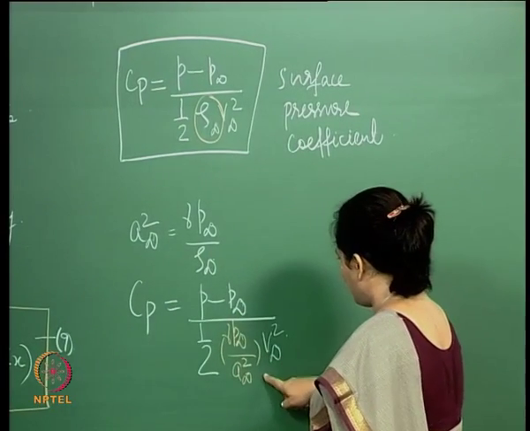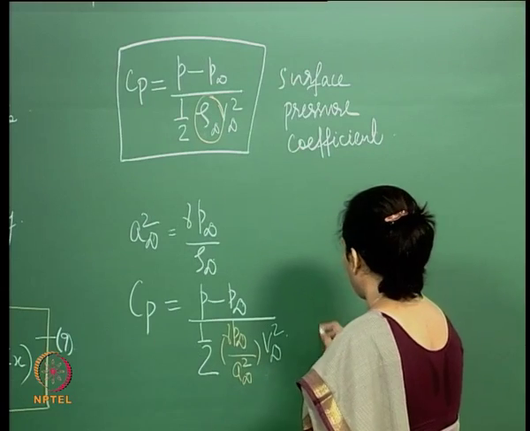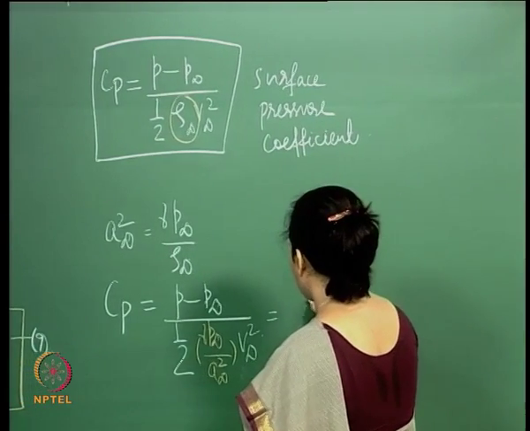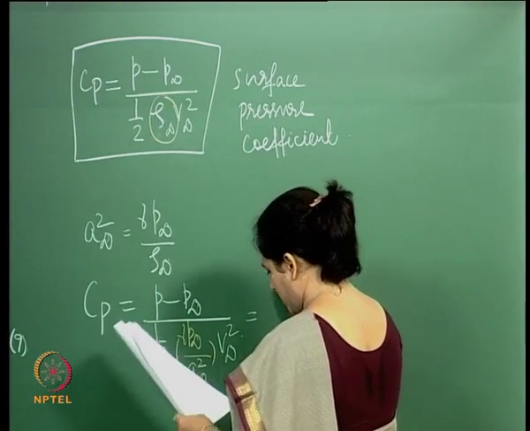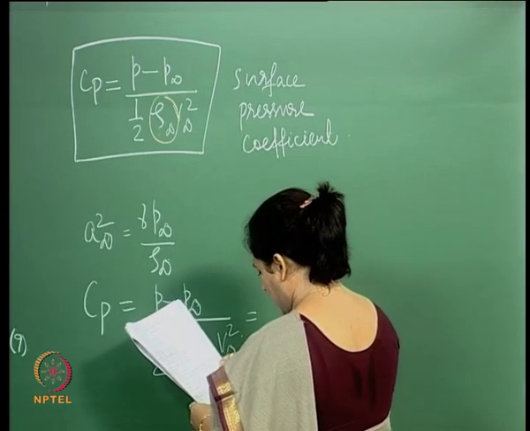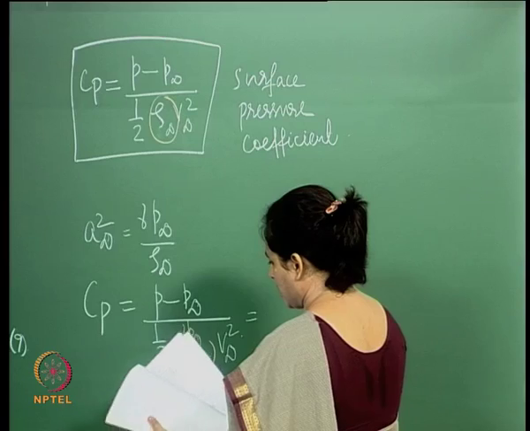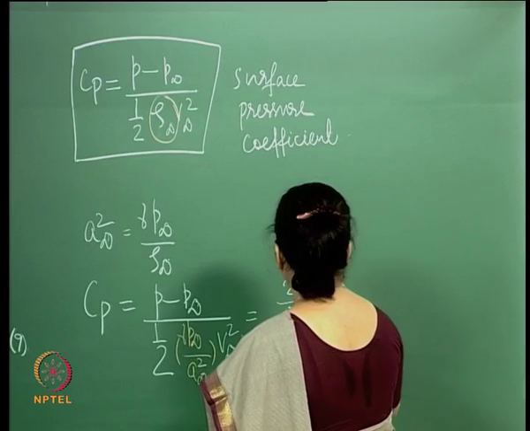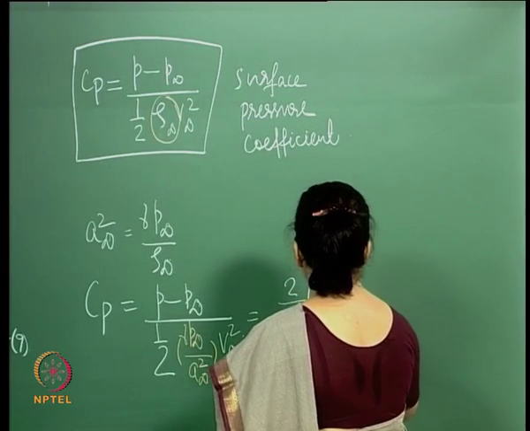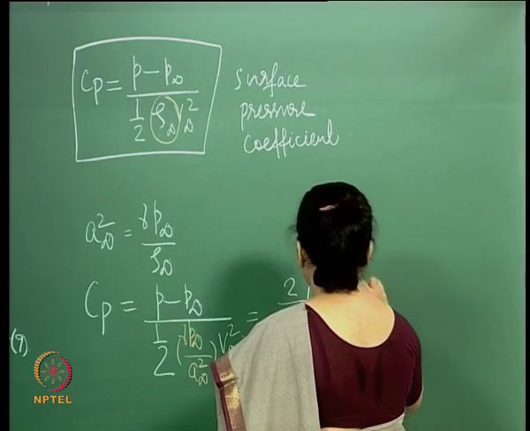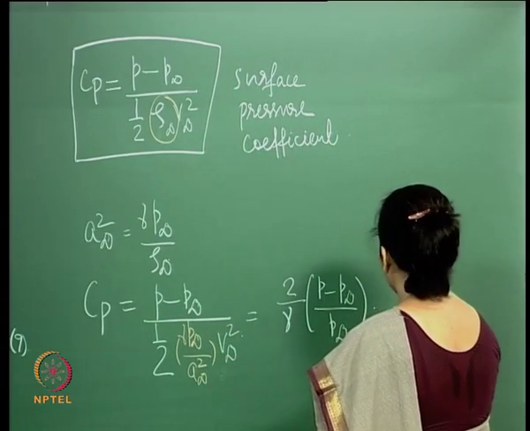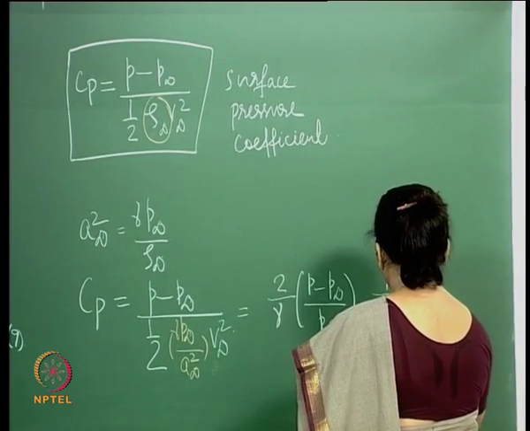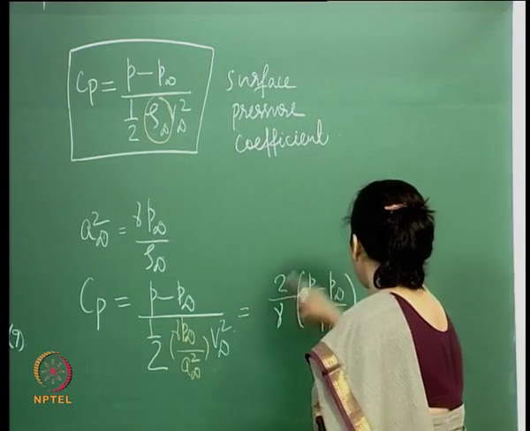So, you can pretty well see from here. So, this can be written as what? This can be written as 2 by gamma, into p minus p infinity by p infinity. Right? The same thing I can write this way.